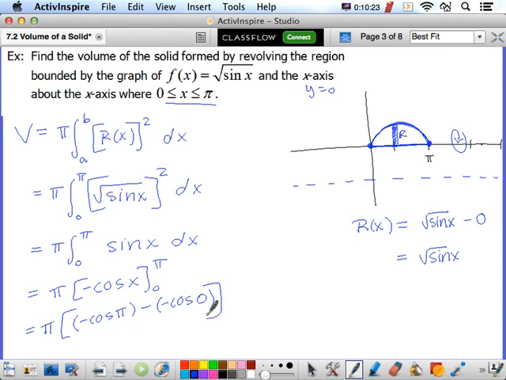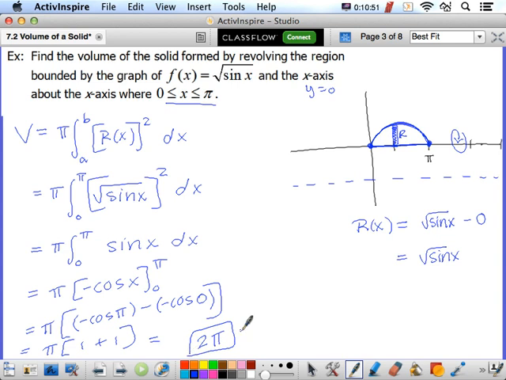So what is the cosine of pi? Negative 1. So a negative negative 1 becomes a positive 1. So really we have pi times positive 1, minus a negative makes plus the cosine of 0, which is also positive 1. And that gives me a final volume of 2 pi.